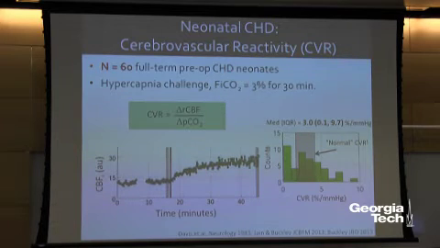So this is just a histogram of all our patients, and the gray region is normal vascular reactivity, which again, we don't know what it is in normal healthy babies, but in adults, it's somewhere between 2 to 4% per millimeter mercury increase. So by and large, they were really normal. There were certainly some patients who were like off the charts, and then there were some who had really impaired vascular reactivity. But when we looked at whether this was related to the brain injuries that they were experiencing, we didn't see any correlations.